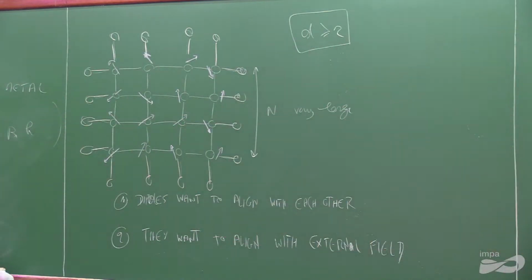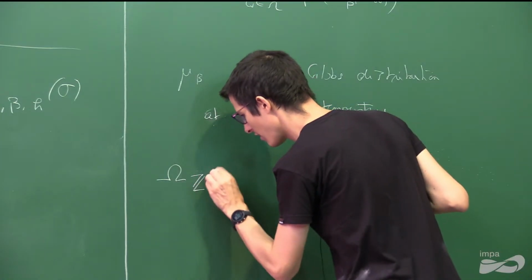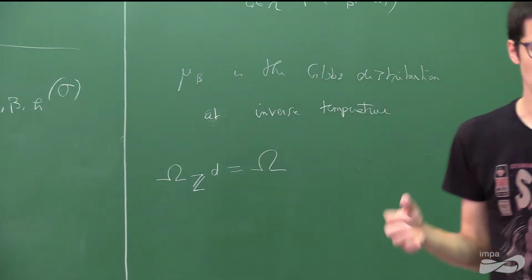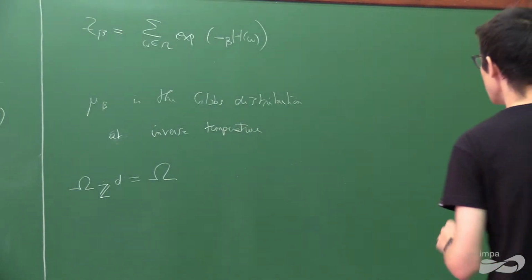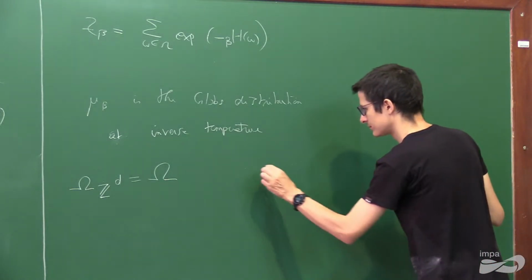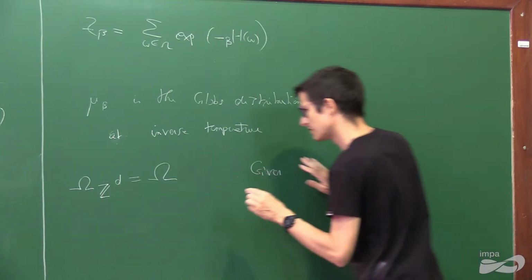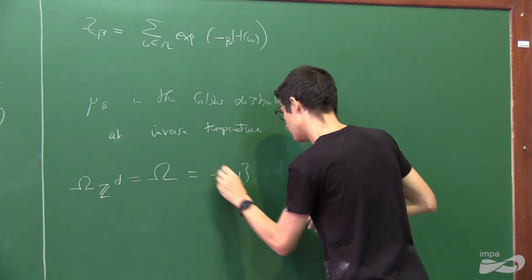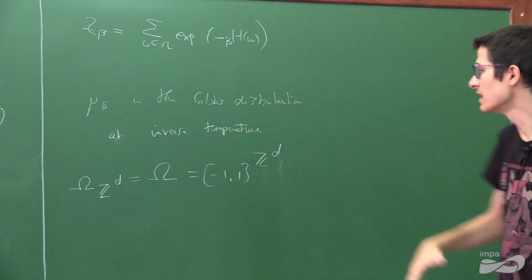So I'm going to consider a larger state of configurations, which is the configurations on all Z^d, minus 1, 1 to the Z^d. Okay, so the set of spin configurations on the whole lattice.